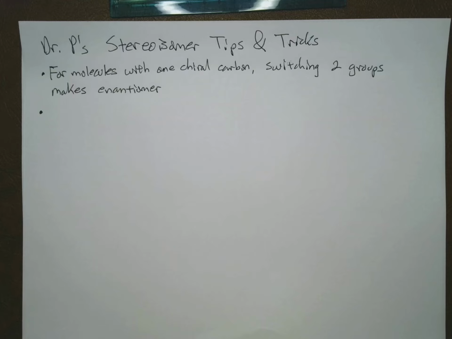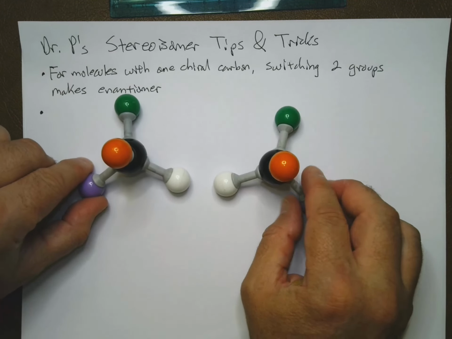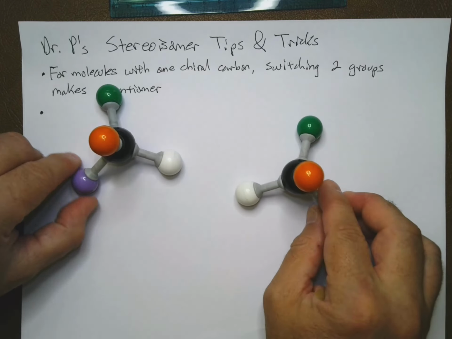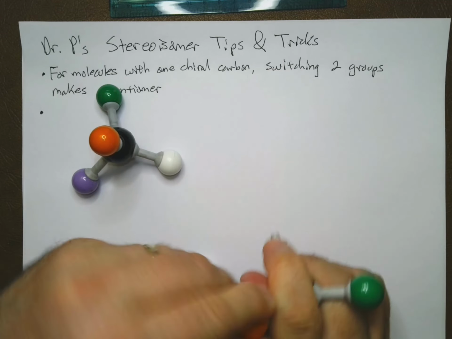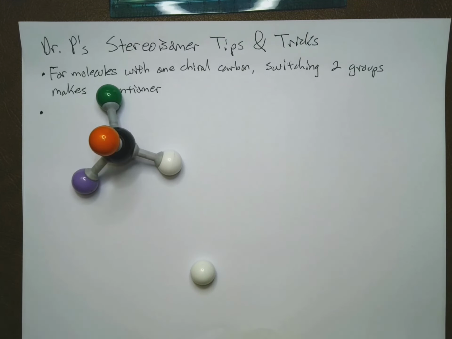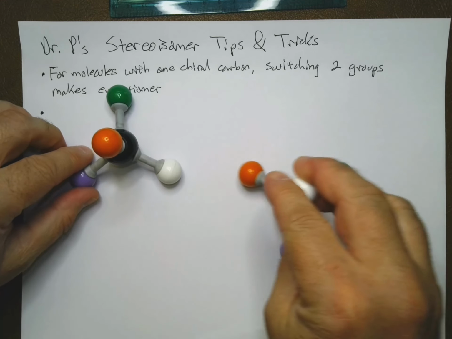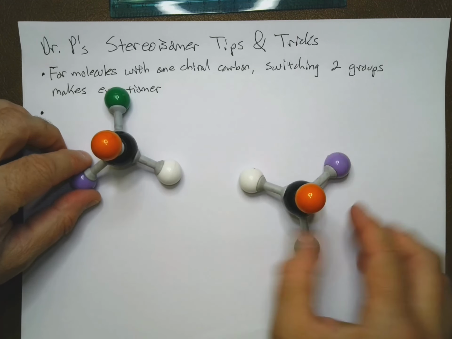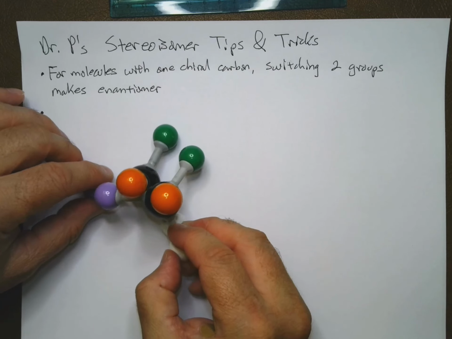So if I have these guys here, I've got my mirror images, they're non-superimposable. If I switch two groups, switch my hydrogen and my bromine, well now these are no longer mirror images, but they are superimposable.